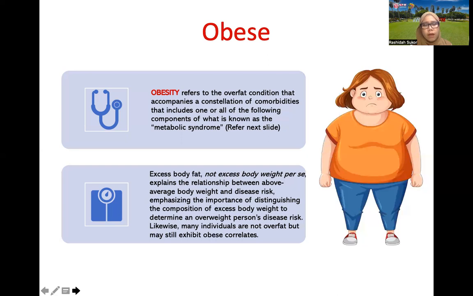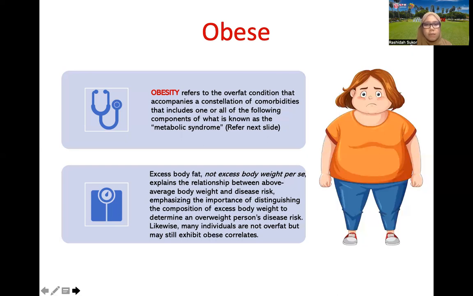So the excess body fat, not the excess body weight per se, can explain the relationship between the above average body weight and disease risk, which emphasizes the importance of distinguishing the composition of excess body weight to determine if the overweight person is at disease risk.